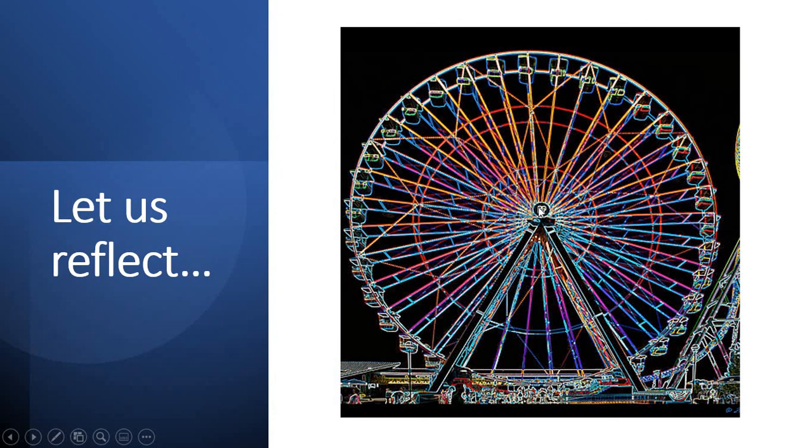Diba? Magiging imbalance yung Ferris wheel. Hindi magiging same yung measurement ng bawat radii or bawat radius. Diba? Dapat same ang measurement ng mga yan eh. Itong mga lines na yan. Diba? So, lagi nating tatandaan that the radii of a circle have the same measurement.